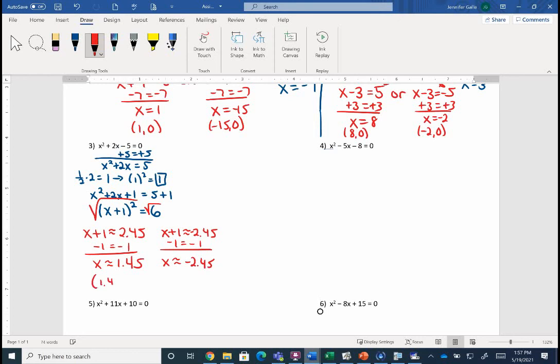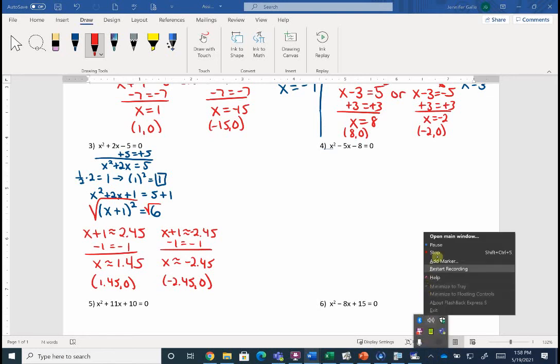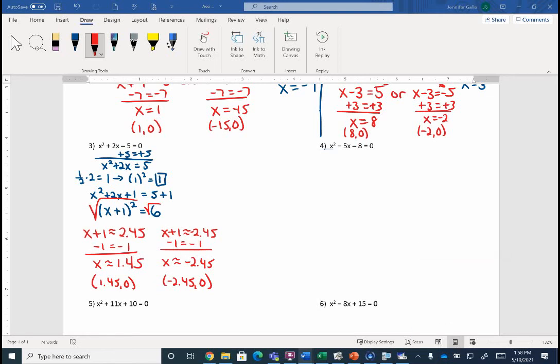So if we were going to sketch a graph, I would use those approximate values for my x-intercepts. Now this form is also really easy to get our vertex form, to easily find vertex and axis of symmetry with very, very little work.